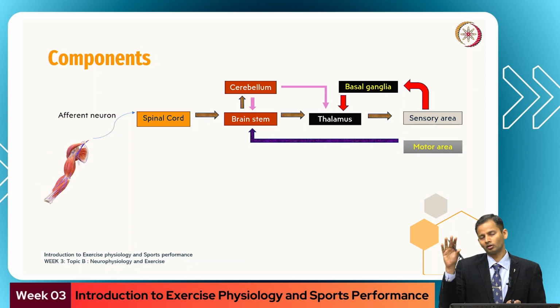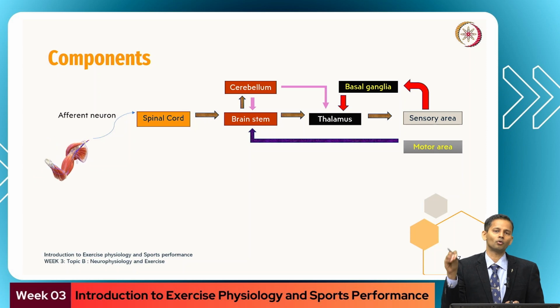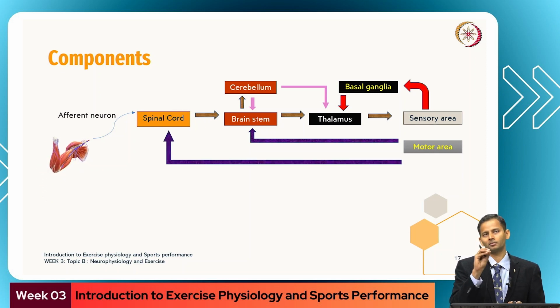So based on all these inputs, input is given to the motor area. The motor area then relays this particular information to the brainstem, or it can also relay directly to the spinal cord and execute this motor activity.